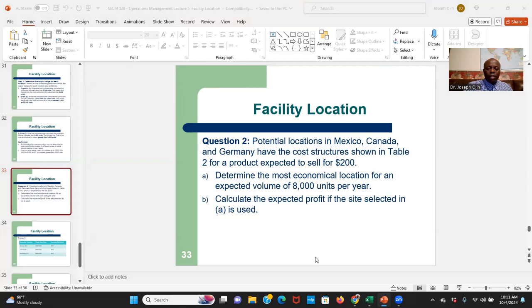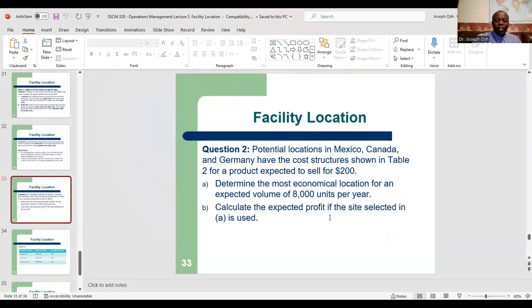As a matter of fact, let me write them down first. Selling price is $200 per unit. Then expected volume, that's units that will be sold per year, which is 8,000 units.